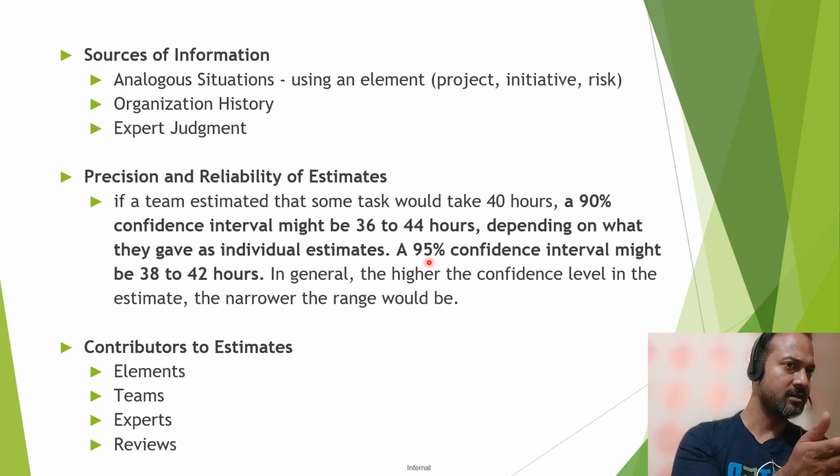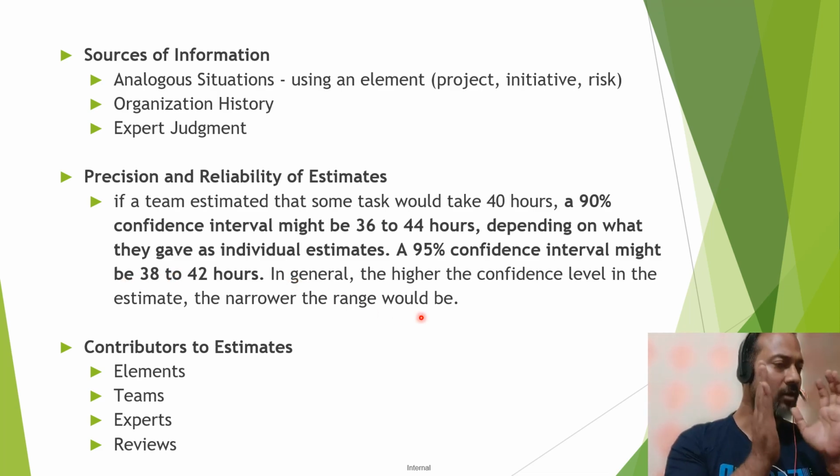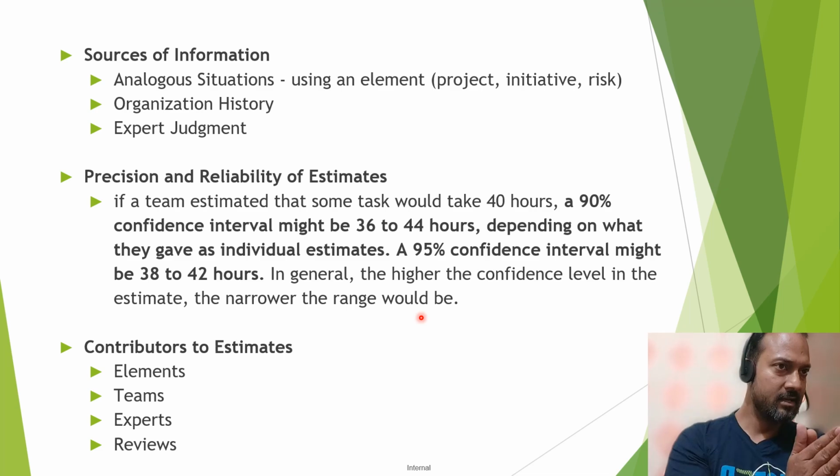As the confidence interval increases from 90 to 95, the range gets narrower, a difference of only plus 2 and minus 2. So I hope you understand. If the confidence interval is high, you are very close to the estimate.